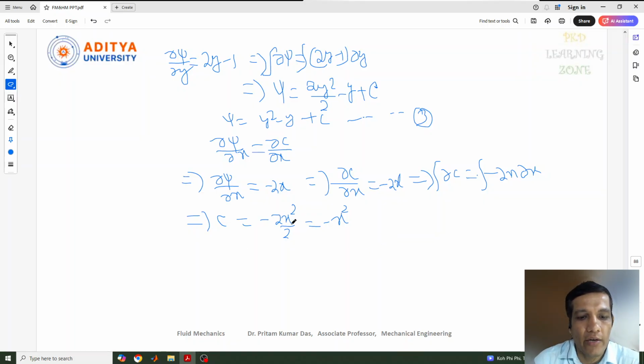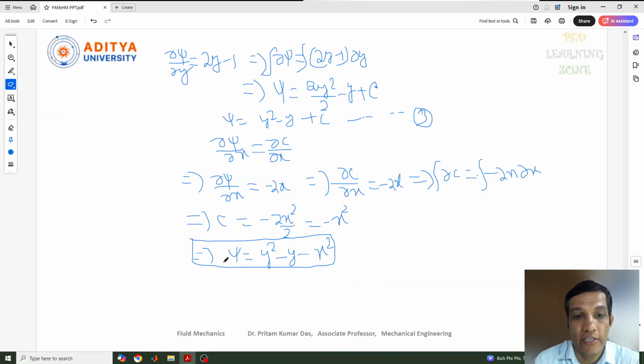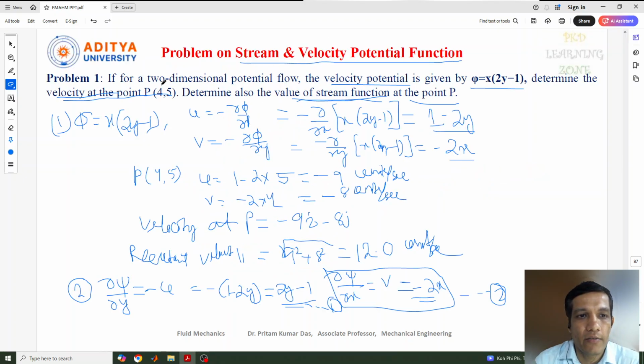Now we put this value of c in the previous equation, and we get psi equal to y square minus y, and plus c, whose value is minus x square. So this is the equation. Now we need to find the stream function at point P, which is given as 4 and 5.